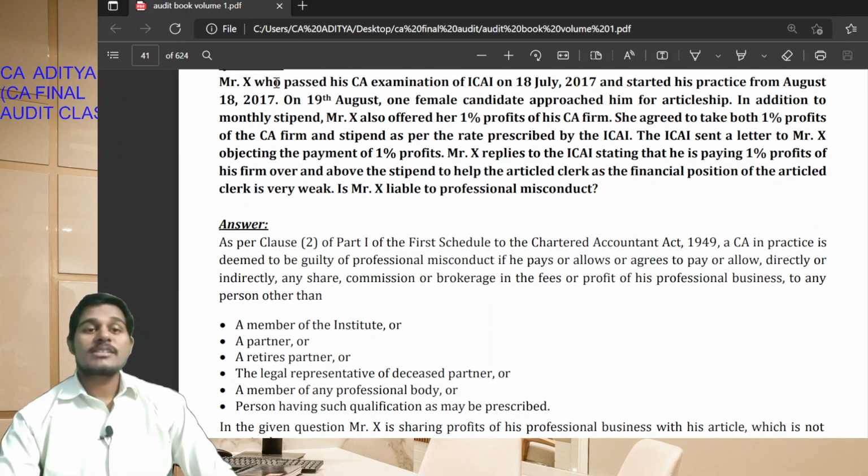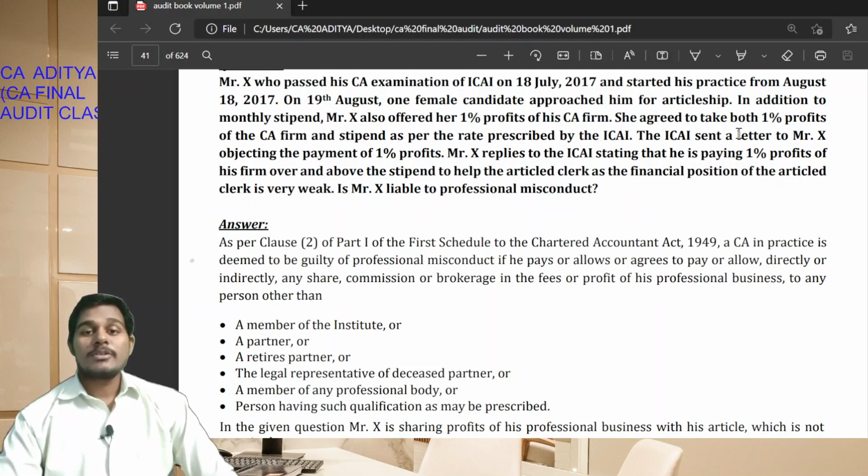Mr. X, who has passed his CA examination of ICAI on 18th July 2017, started his practice from August 18, 2017. On August, one female candidate approached him for articles. In addition to the monthly stipend, Mr. X offered 1% of the profits of his CA firm.